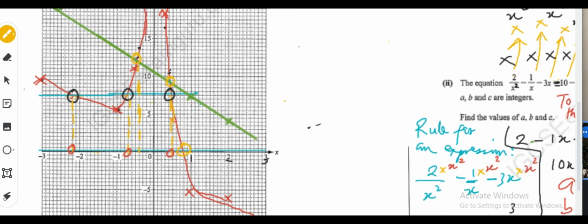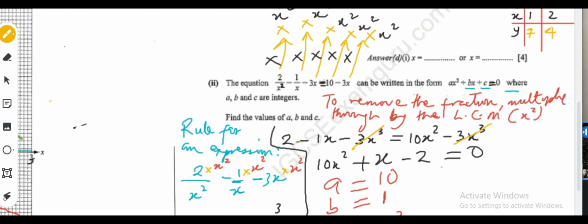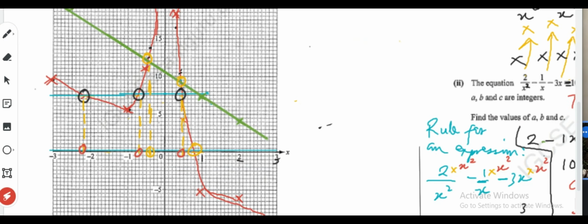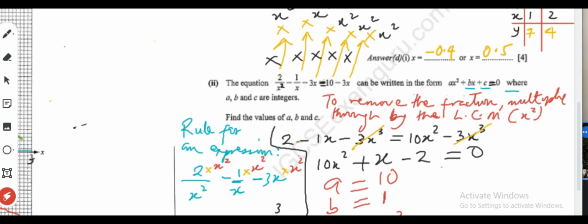This is about minus 0.4, and here is about 0.5. So it's about minus 0.4 and 0.5. You trace down this position and this position. Okay.